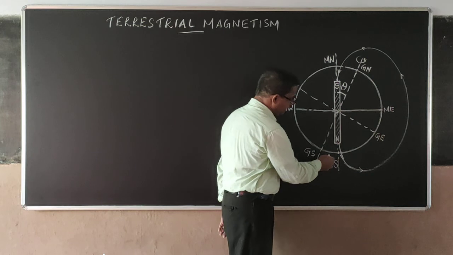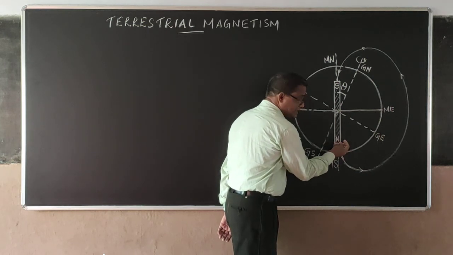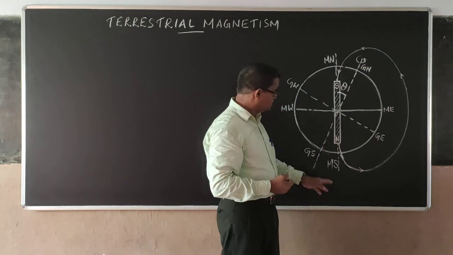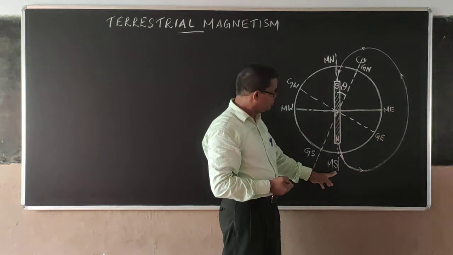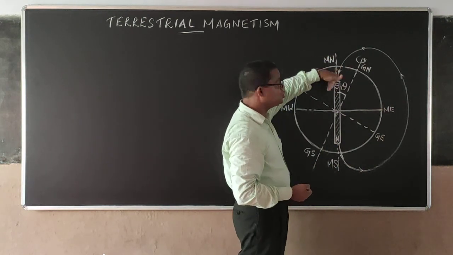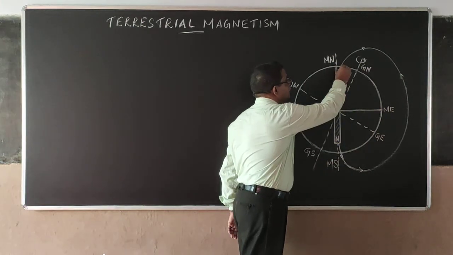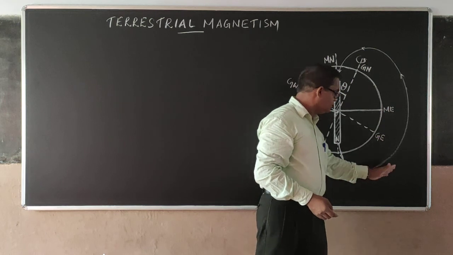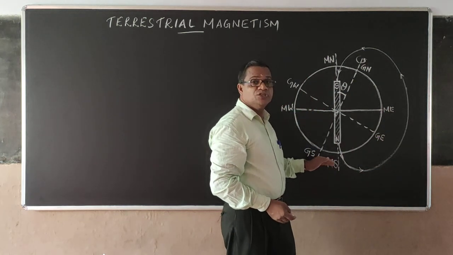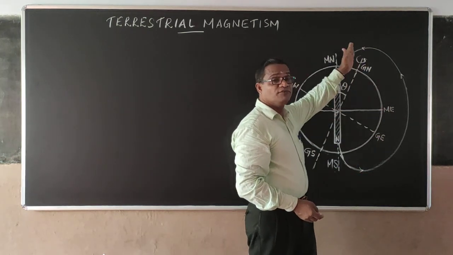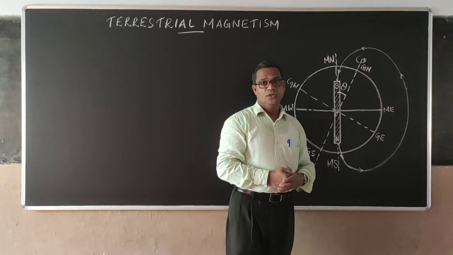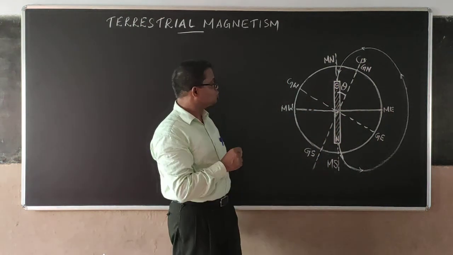So the field lines come outward from the ground at the magnetic south pole, and go into the ground at the north pole. The direction of the magnetic field is actually from geographic south to geographic north, if you compare that with the geographic axis. These are all very important points to be noted.